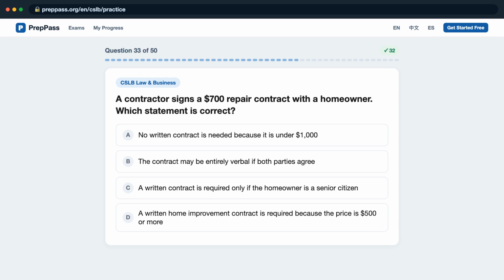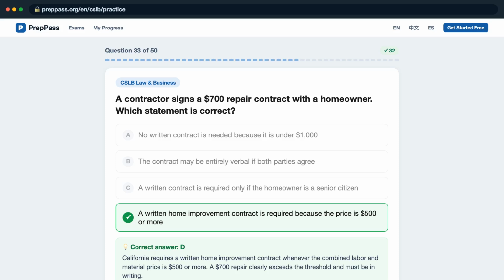D, a written home improvement contract is required because the price is $500 or more? The correct answer is D. California requires a written home improvement contract whenever the combined labor and material price is $500 or more. A $700 repair clearly exceeds the threshold and must be in writing.